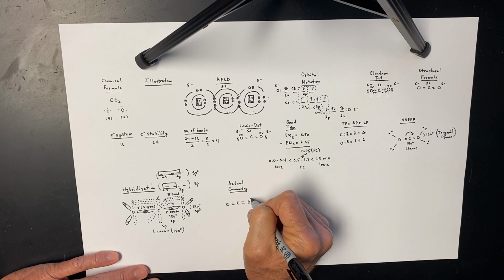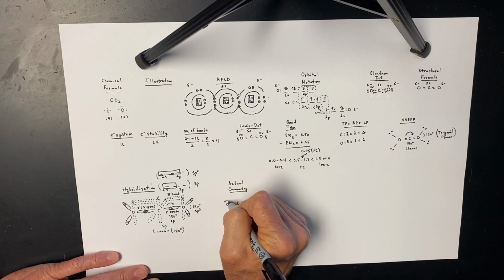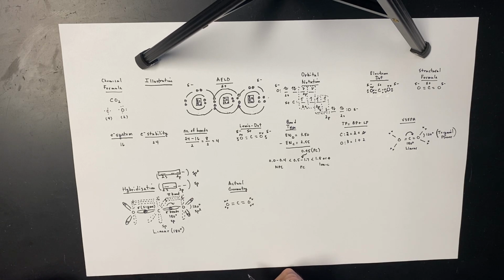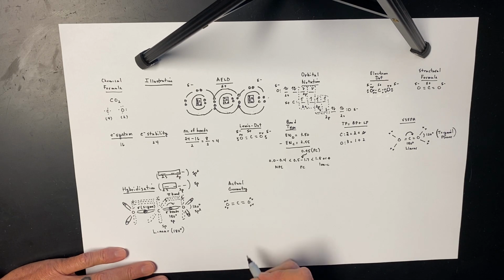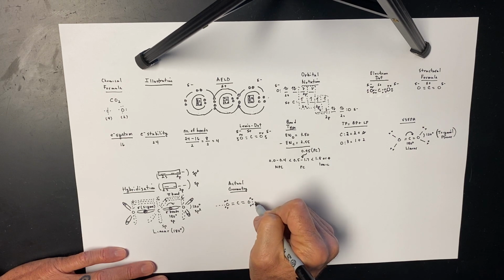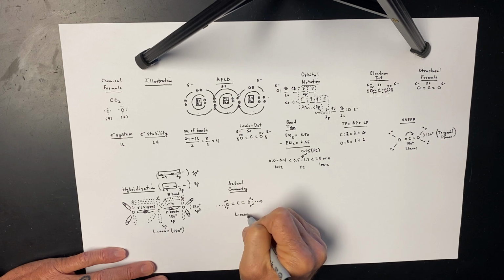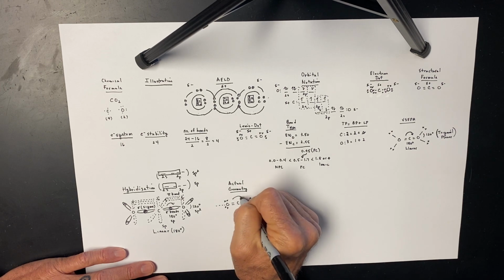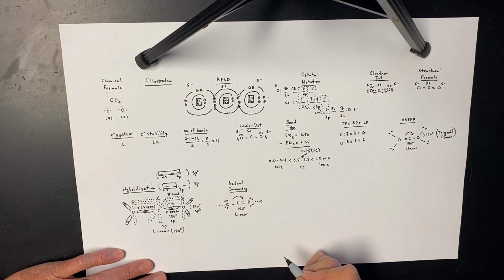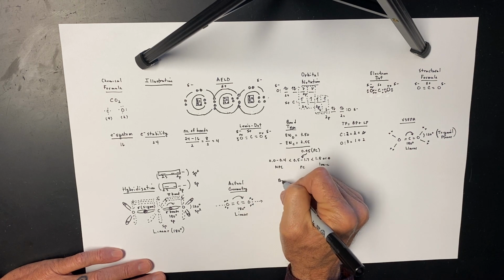So that we have the lone pairs of oxygen represented in a tight way around the oxygen. And you can see that you can draw a straight line through this molecule. So we're going to say the actual geometry of CO2 is linear and the bond angle is 180 degrees. Whew!